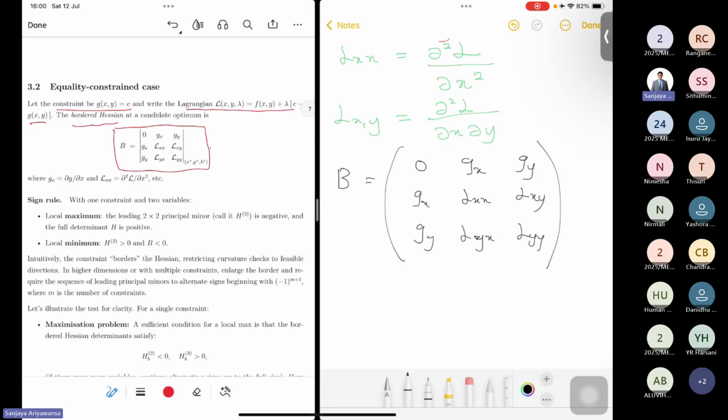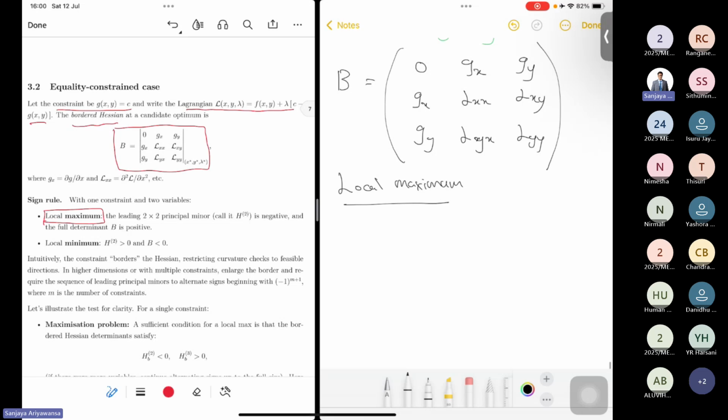So what we do in the case of a local maximum is we look at two conditions. In the bordered Hessian matrix, we take this part first, let's call it simple h, because that's kind of like the Hessian matrix: 0, gx, gx, L of xx.